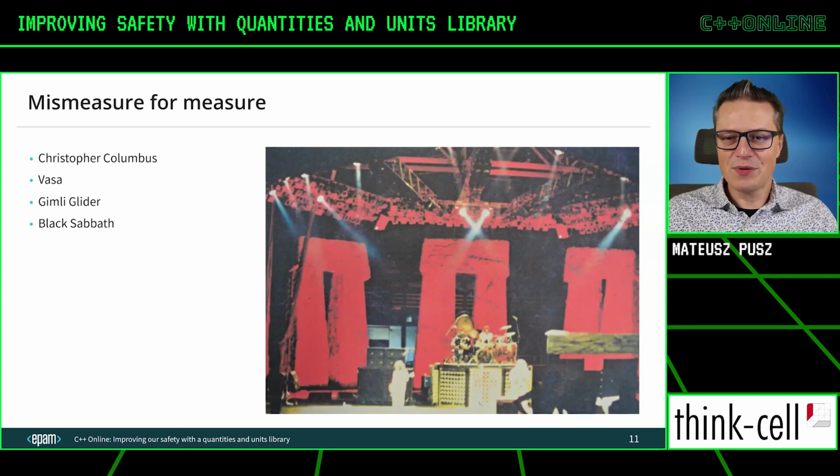And because of it, the props were much bigger than expected. They were even much bigger than the originals in Stonehenge, and they didn't fit on most of the stages, and none of the stages in the world was actually able to fit all of them at once. And they paid a fortune for that in order to provide those props for this tour.